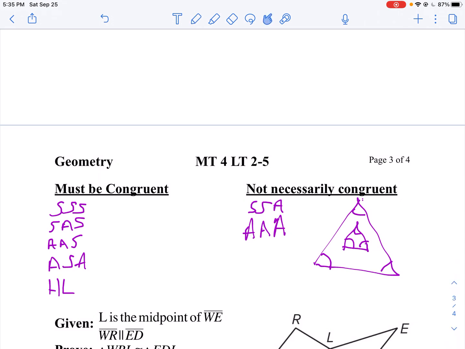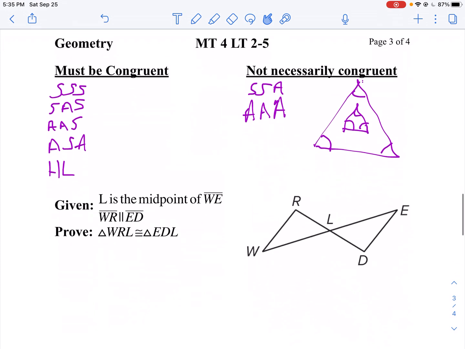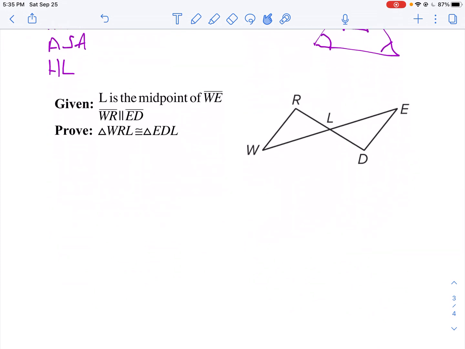Now let's do a couple problems to show you how you apply this to do your proofs. So when we do our proof, and you can use 2-column, paragraph proof, flowchart proof, however you want, always start with your given, and then write down what you know because of the given.